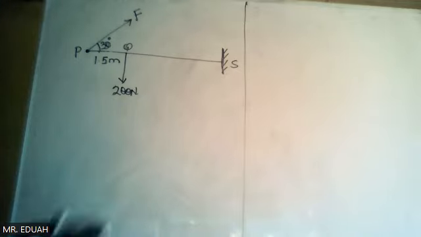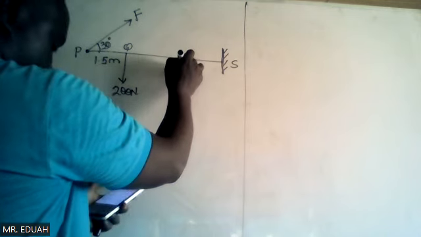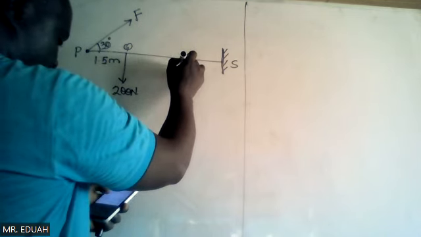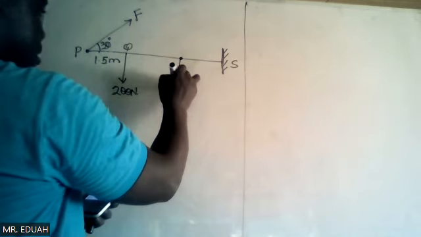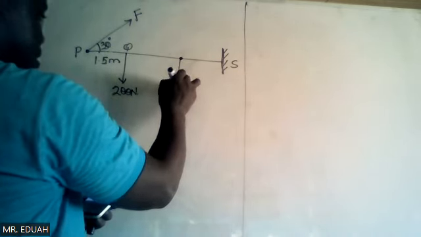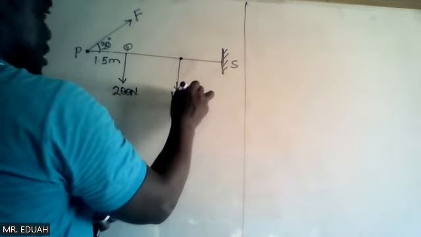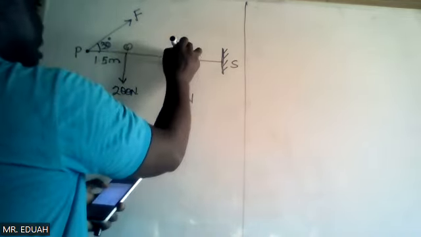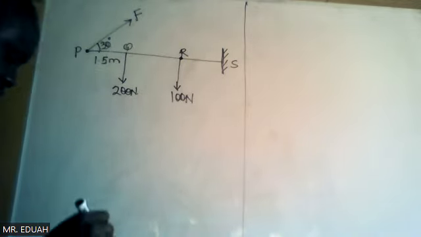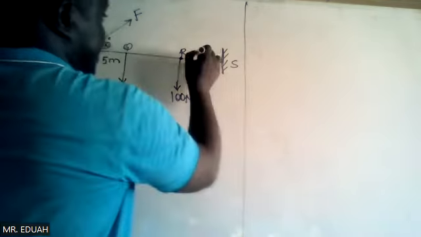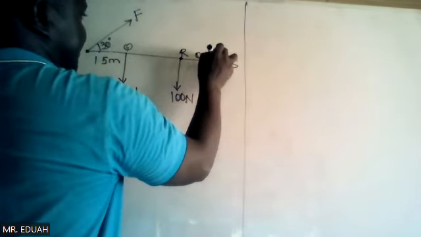Then we have another force acting at a point R on the bar. This is 100 Newton. R is at a distance of 0.5 meters from S. So this is 0.5 meters.